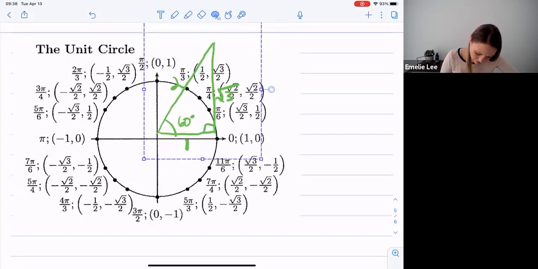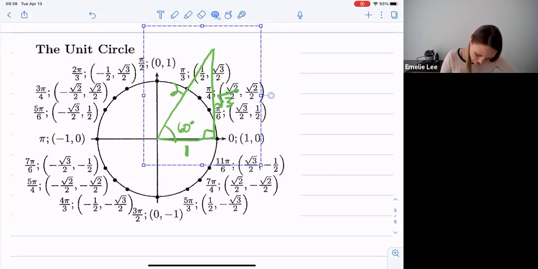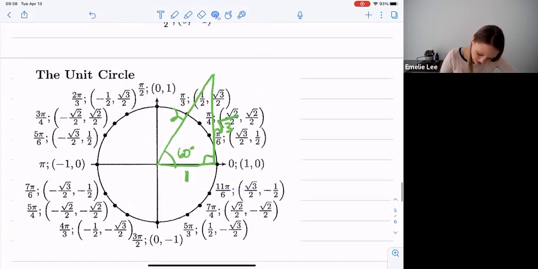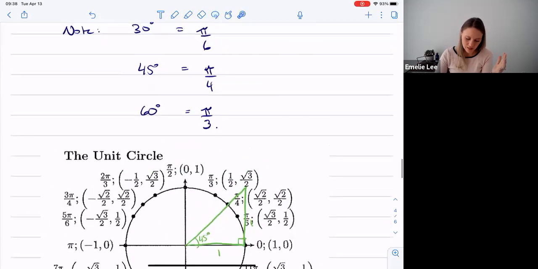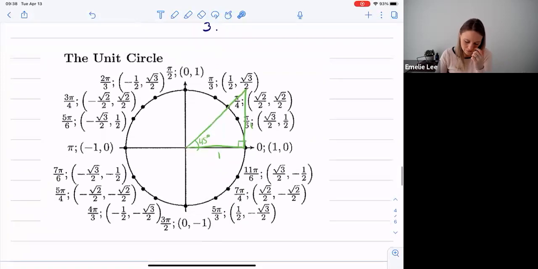Right, I didn't draw very nicely, but I think what you'll see here is that the key part is that this length of 1 has to take up the radius of the unit circle, right? And what we know is that 60 degrees is the same as, we just established it, 60 degrees is pi over 3. Okay.